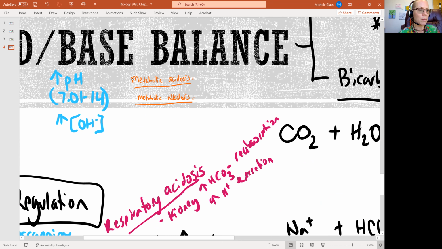So when we look at metabolic acidosis, we can see a deficiency in bicarbonate ion. So we're getting the presence of organic acids from metabolism. We're getting excessive ketone bodies from breaking down fats and so forth. In the case of the metabolic alkalosis, we have an excess of bicarbonate ion.